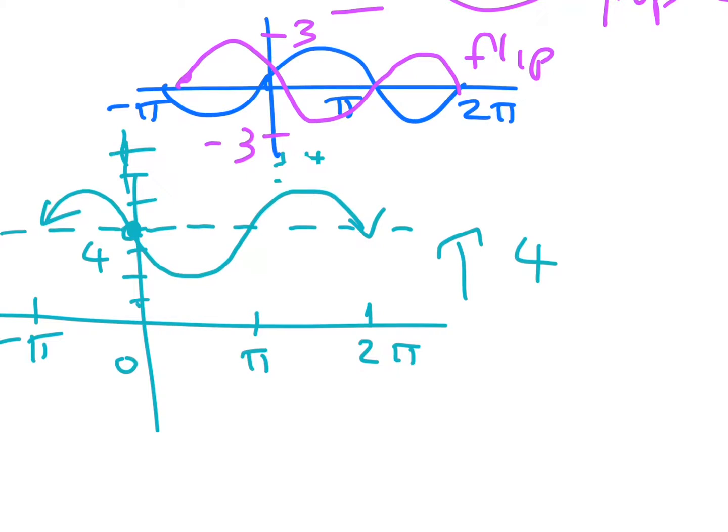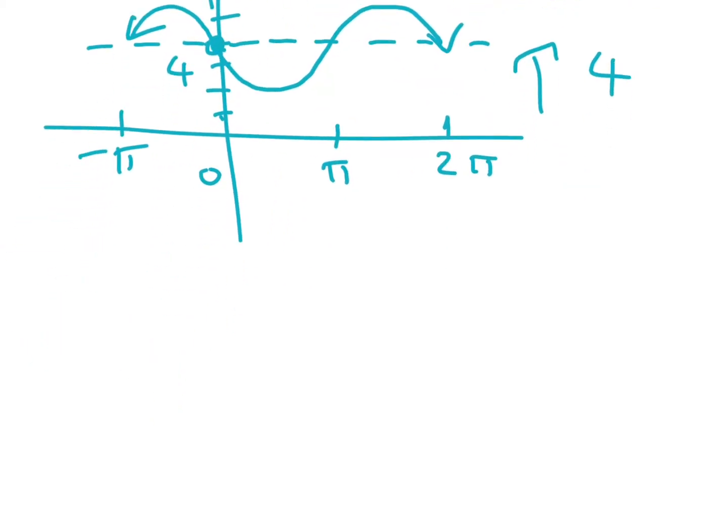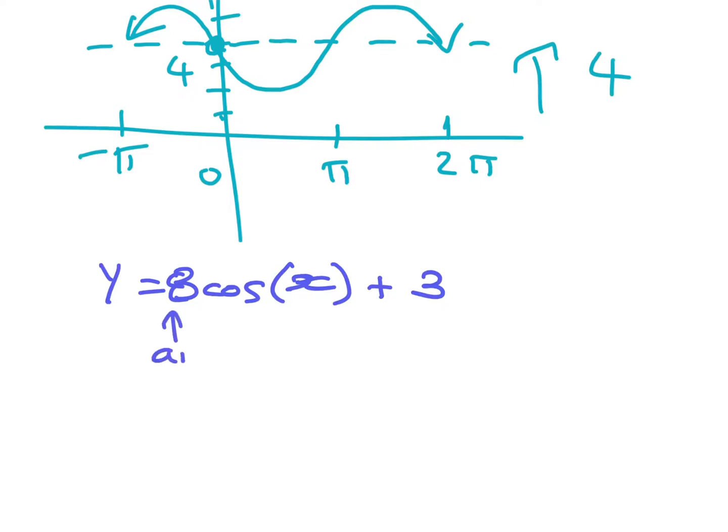Okay, now I just want to talk about what's outside the function and the effect that has. So, if you have 8 cos x plus 3, we're just looking at shifting up. That means that its amplitude equals 8, and it will be shifted up 3.